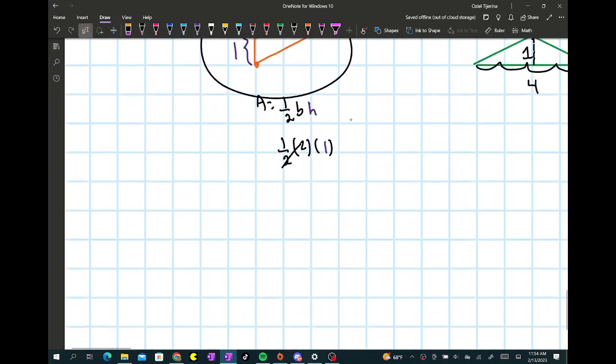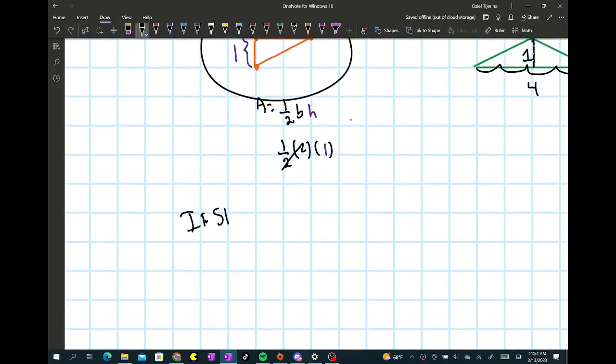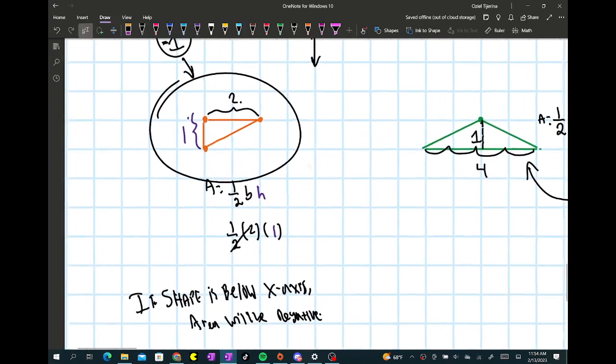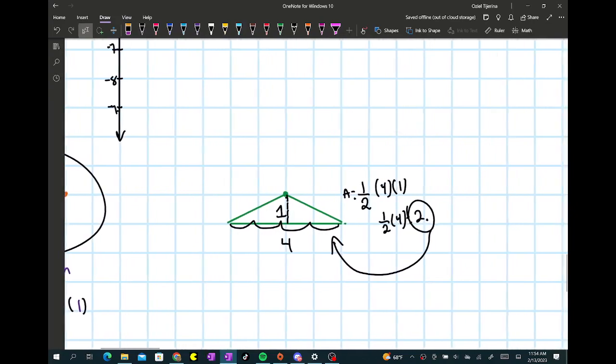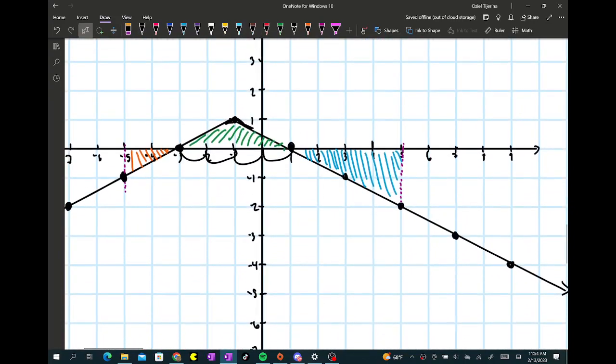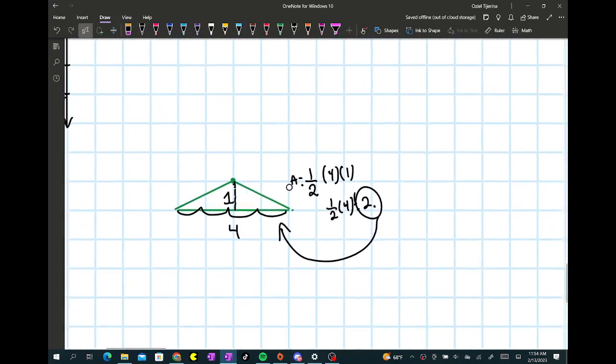So if a shape is below the x-axis, the area will be negative. I want to make that very clear, because if you don't do that, it's going to be wrong. Obviously the green one was above the x-axis, so that's 2.